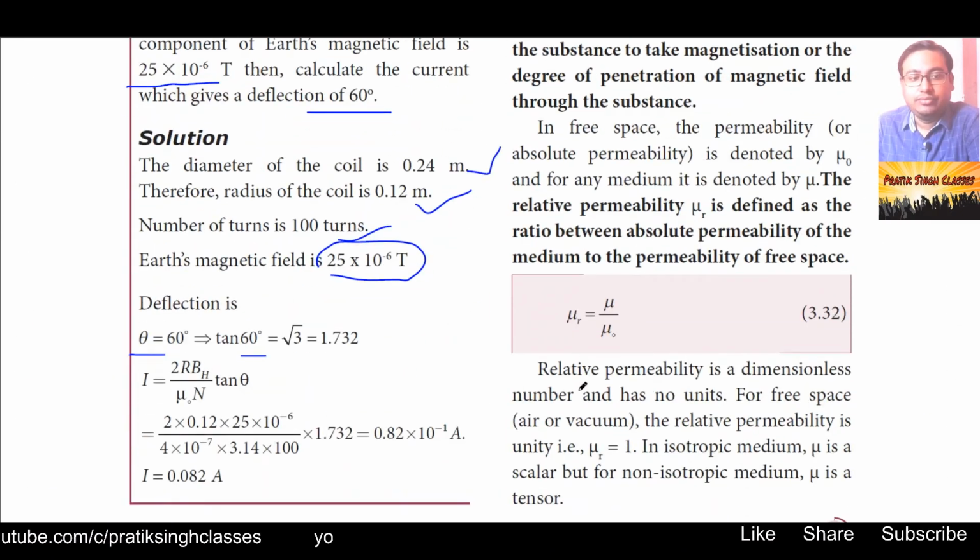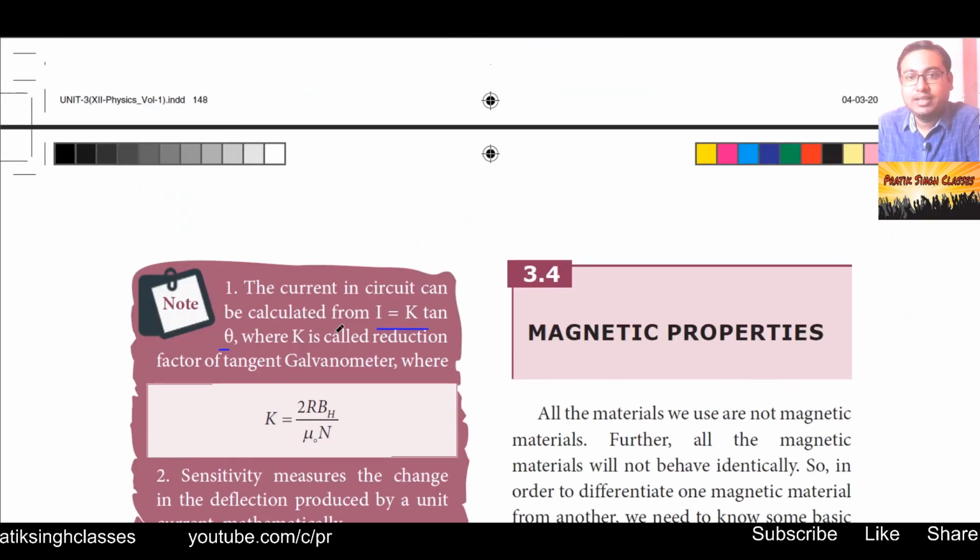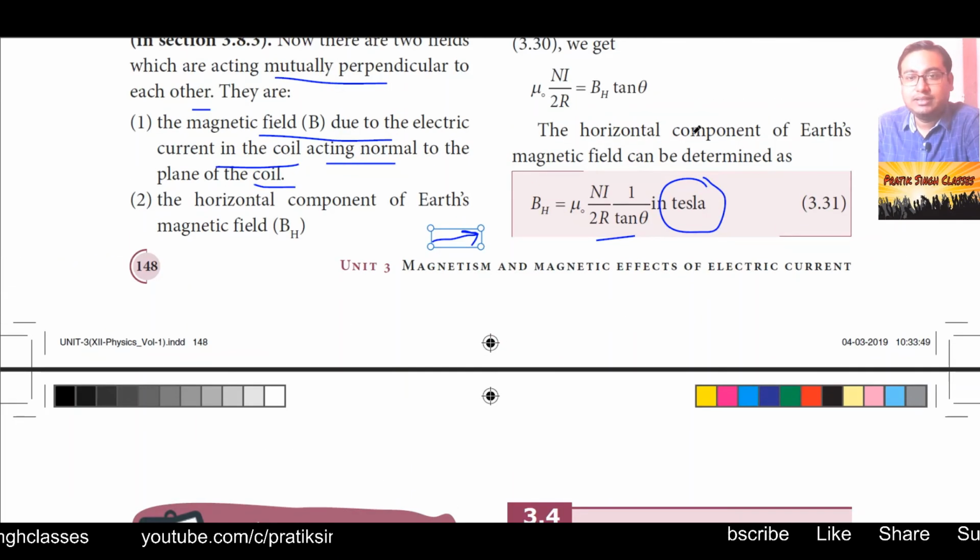So we have the formula I is equal to 2R BH by mu naught N into tan theta. See, in equation 3.31, we have BH is equal to mu naught N i by 2R into 1 by tan theta.